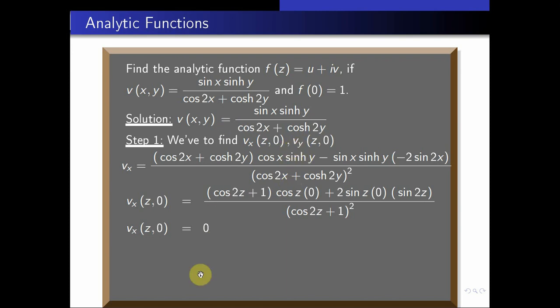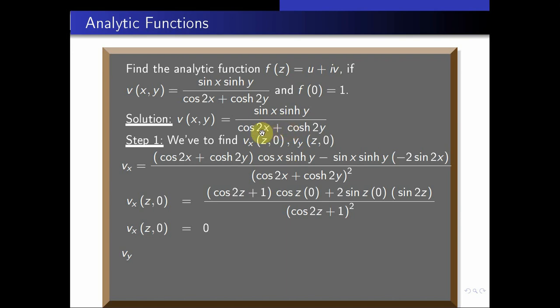Next we will find Vy by partially differentiating with respect to y. The same quotient rule formula (v u dash minus u v dash) by v square, but here I am differentiating partially with respect to y.